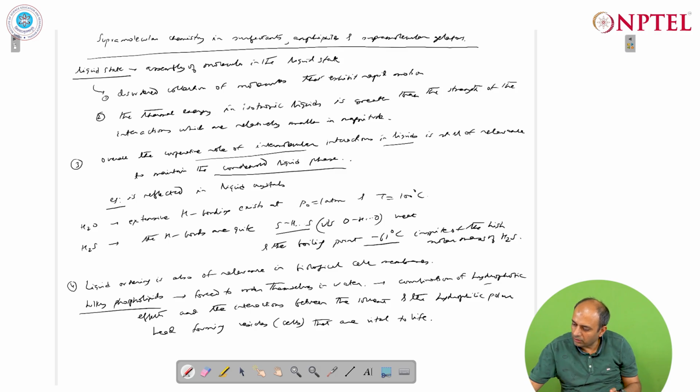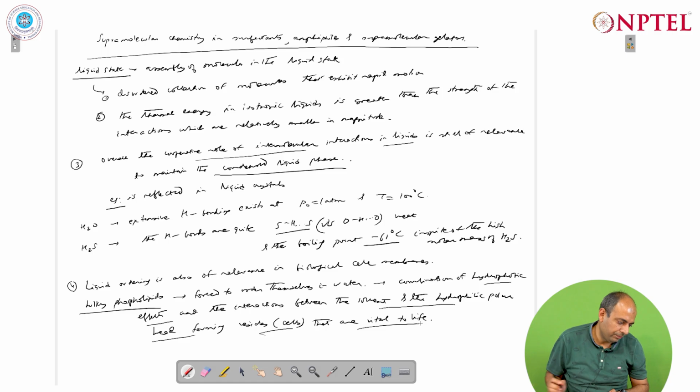So the combination of the hydrophobic effects and the interaction between the solvent and the hydrophilic polar head form vesicles that are vital to life.